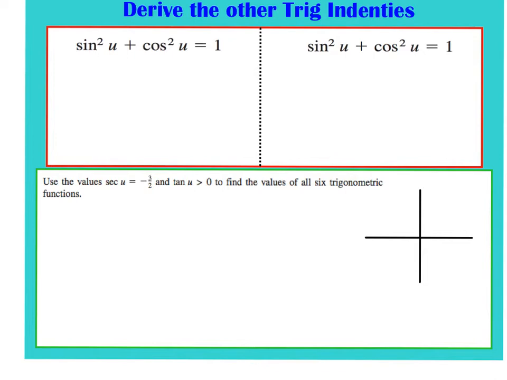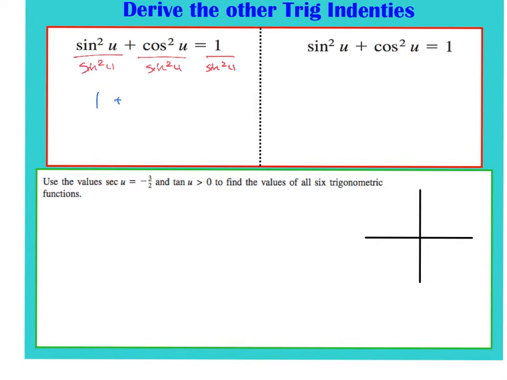The way that we do it is you divide everything by sine squared and you divide everything by cosine squared. So the first one, I'm going to divide everything by sine squared. So sine squared u over sine squared u is 1. And then cosine squared u over sine squared u is what?